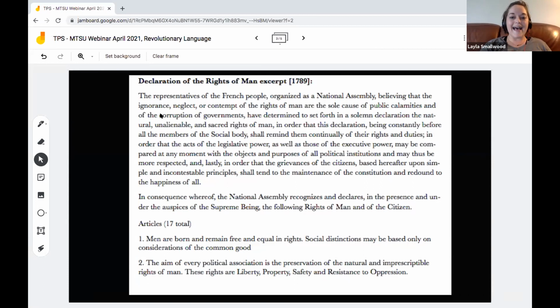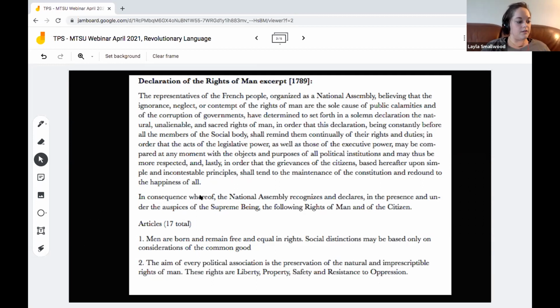Good. So we have these revolutionary ideals, these concepts, these words that we're using. What words do we see similar to life, liberty, and pursuit of happiness? Do you see any other similar words or concepts in this document when compared to the Declaration of Independence?